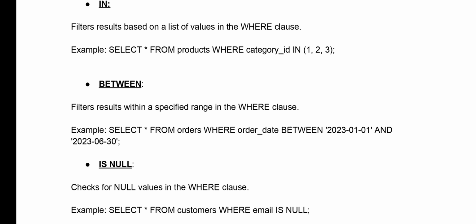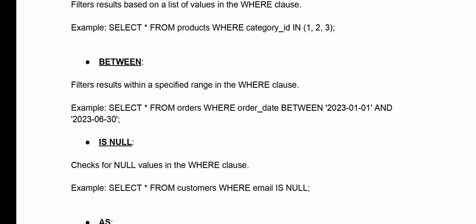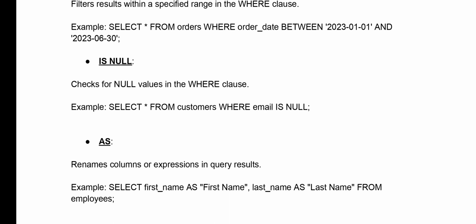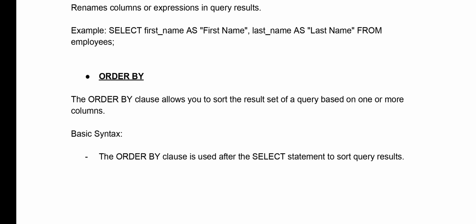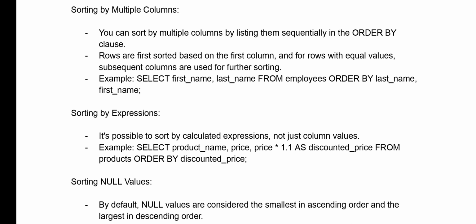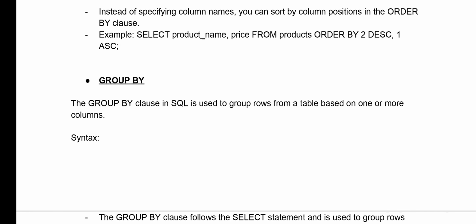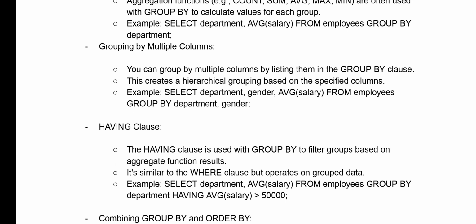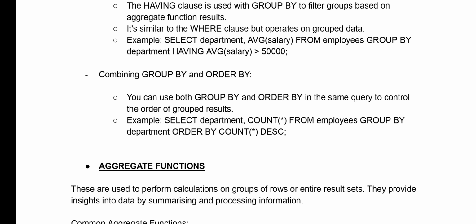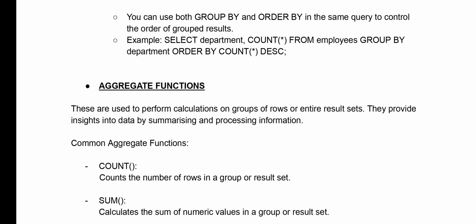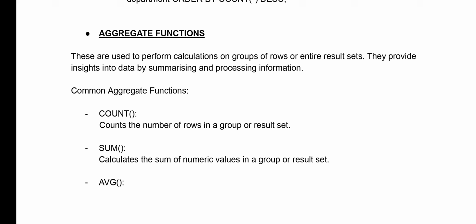Okay, and then we have talked about the in operator. We have talked about how to use between, is null, as, order by. Okay, and we have talked about the multiple samples. We have talked about the group by clause, having clause, and the aggregate functions.